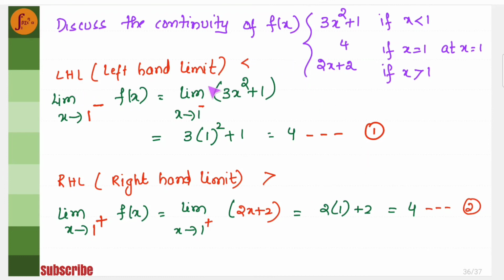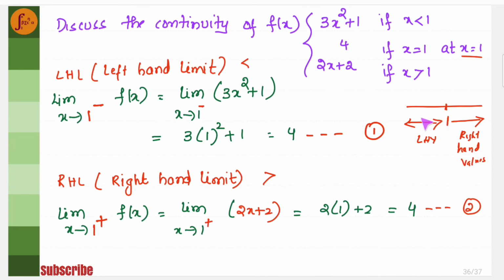We'll have to find the left hand limit. When you say left hand limit, that means in the number line, this is at x is equal to 1. So say this is 1. Any values before 1 are left hand side values, right? Any values greater than 1 are called right hand values in the number line.